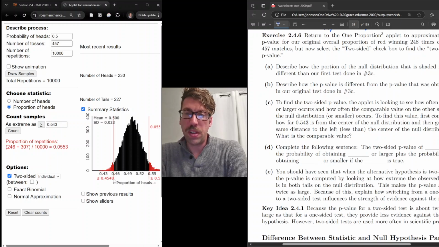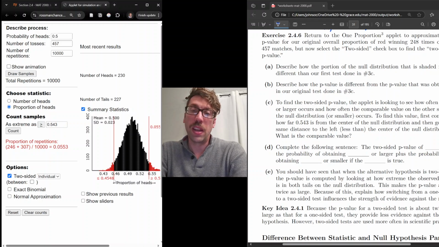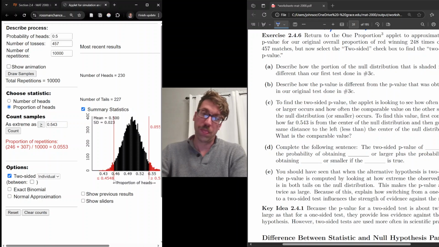The two-sided p-value of blank, so that should be the p-value, the proportion of repetitions I'm getting, is the probability of obtaining that should be my sample size, or larger, plus the probability of obtaining the opposite statistic, the one on the other side of the null value, or smaller, if the null hypothesis is true.